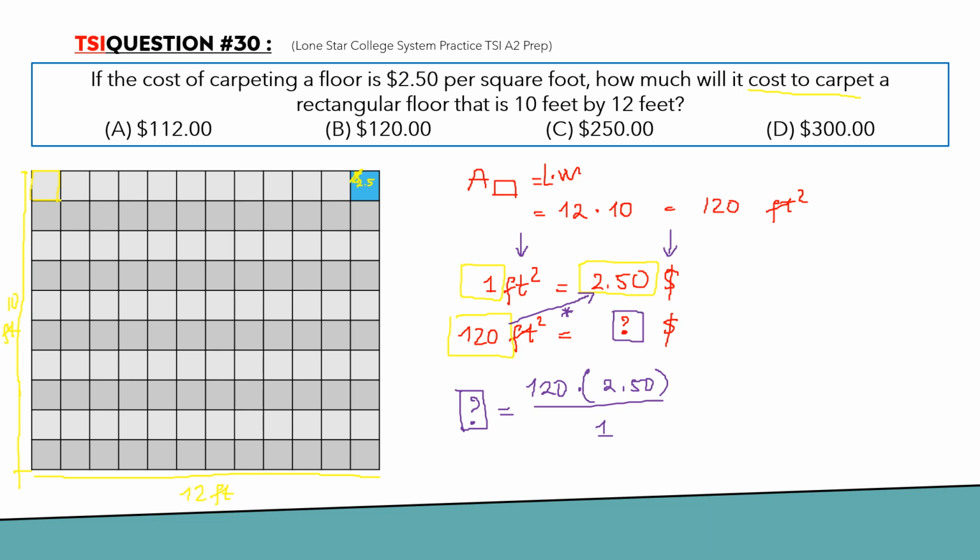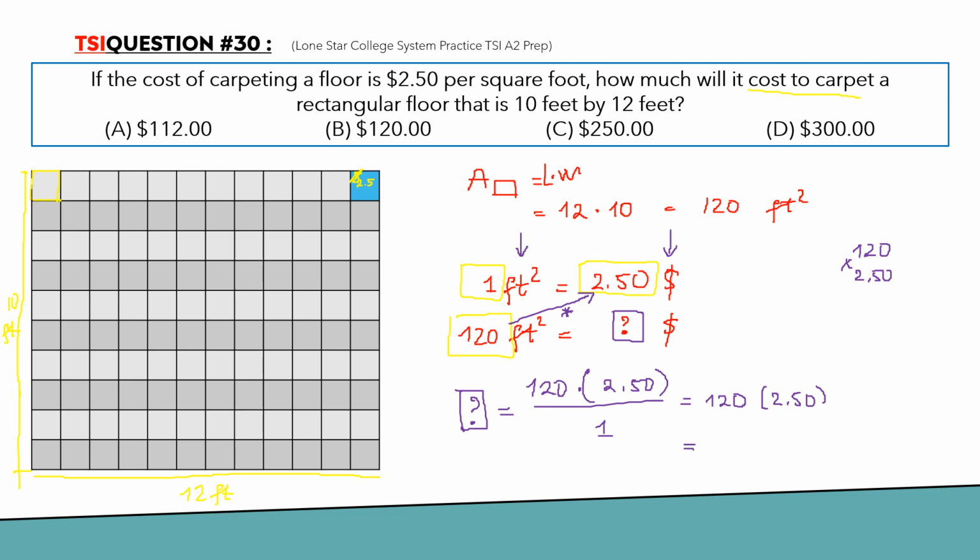Now anything divided by 1 is just that thing, so 120 multiply 2.50. You can do the multiplication directly, but we can have another way when you break it down.